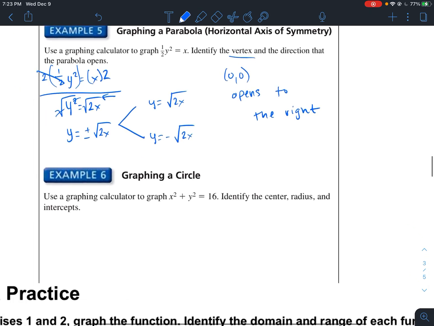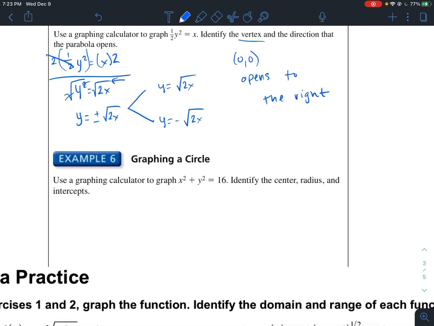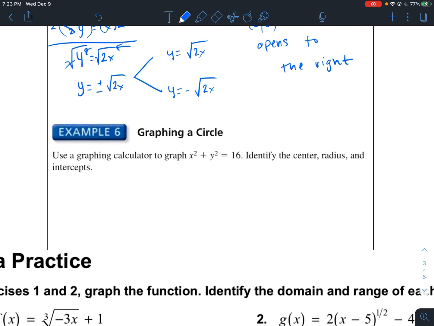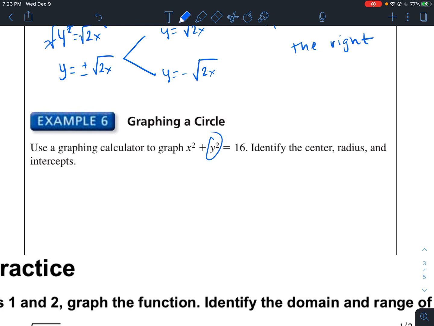Alright, now for example 6, this is actually pretty cool because this helps us to graph circles. Now, we're going to use a graphing calculator, but again, we have to make sure that we solve for y, or else we can't input it into the graphing calculator. So I need to get y by itself. I'm going to subtract x squared from both sides.